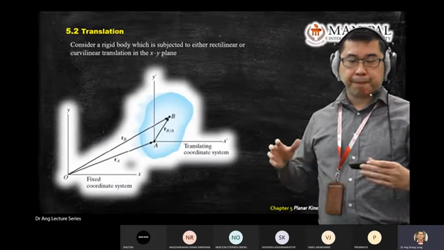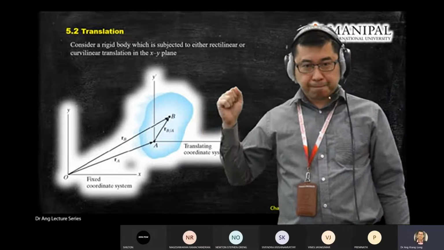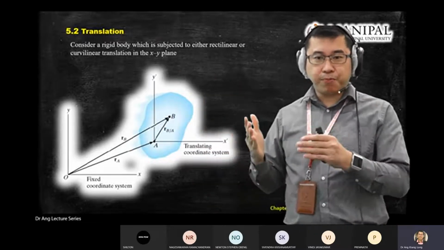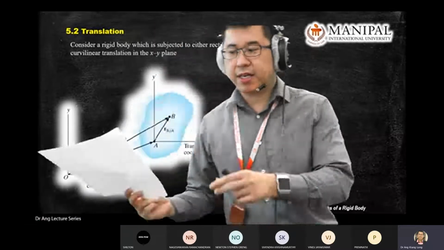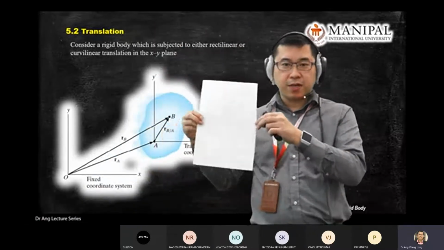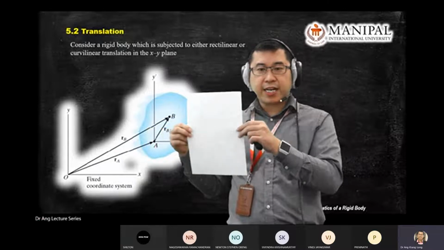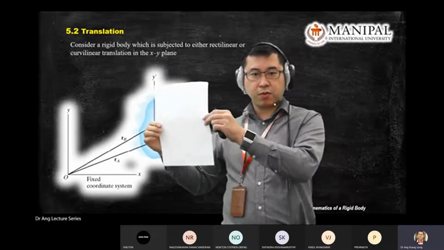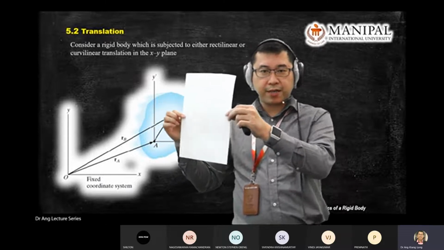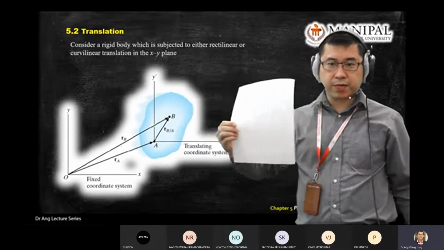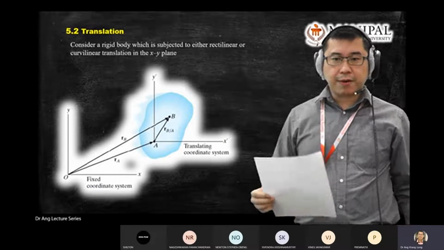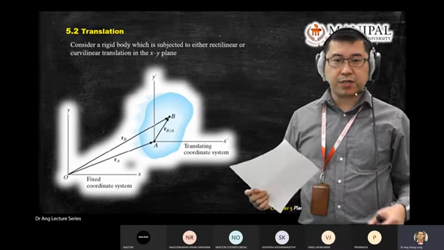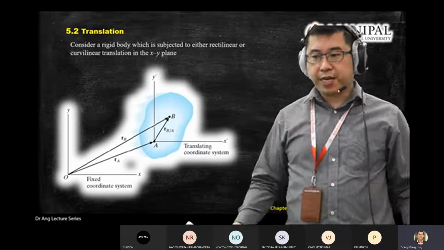So let's say when you want to calculate translation, there must be a movement in this sequence. Translation has two types. One is rectilinear, one is curvilinear. Let's say we look at curvilinear motion, which moves in this way. When you do the calculation or derivation of the equation, you need two reference axes.